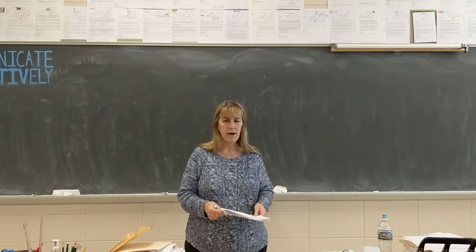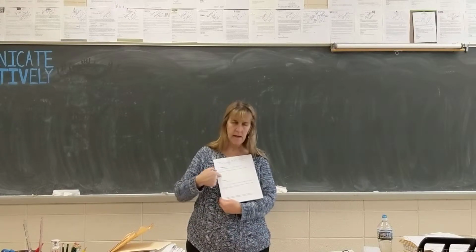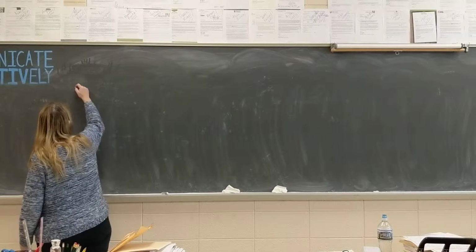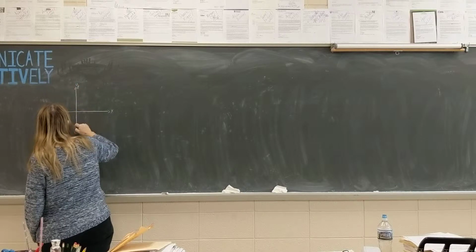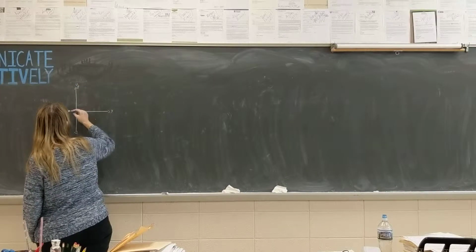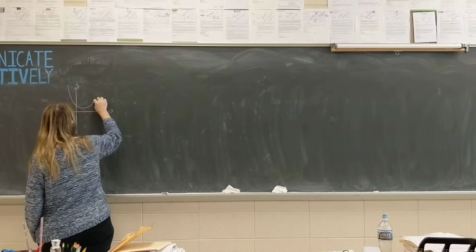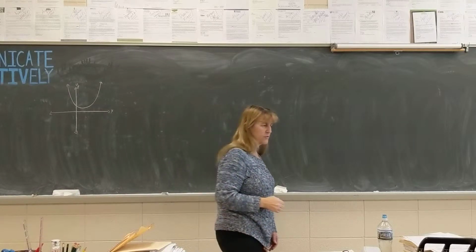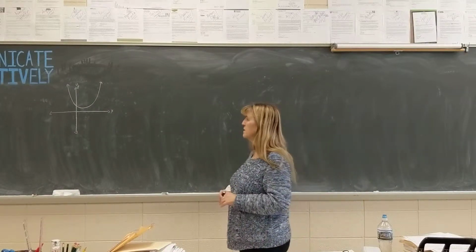I would like for everybody, in the space provided for you right here, to draw this picture. So I'm going to create an XY axis, and I'm just going to create some kind of a quadratic. Let me see. I'm going to just go like this. And we're going to create this picture twice, once up on top and once down on the bottom, so we can see the difference between.